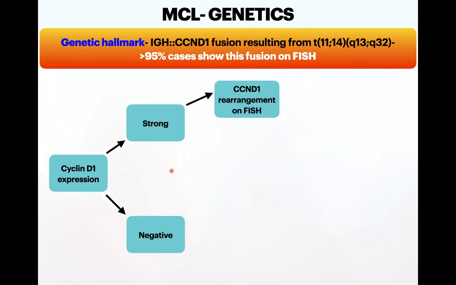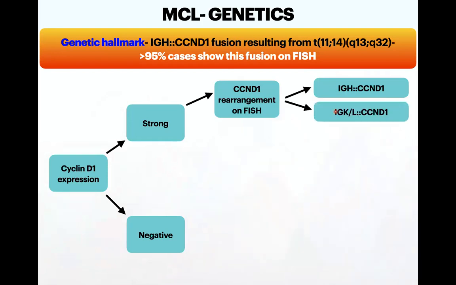Either you will find a CCND1 rearrangement on the FISH, and the CCND1 rearrangement mostly includes the IGH gene. But sometimes, when the IGH is not involved, the immunoglobulin kappa or lambda light chains may also be involved. And the second is when you are finding cyclin D1 expression which is strong, but on FISH you are finding no CCND1 rearrangement. So what it could be, this has been described in the new classification.